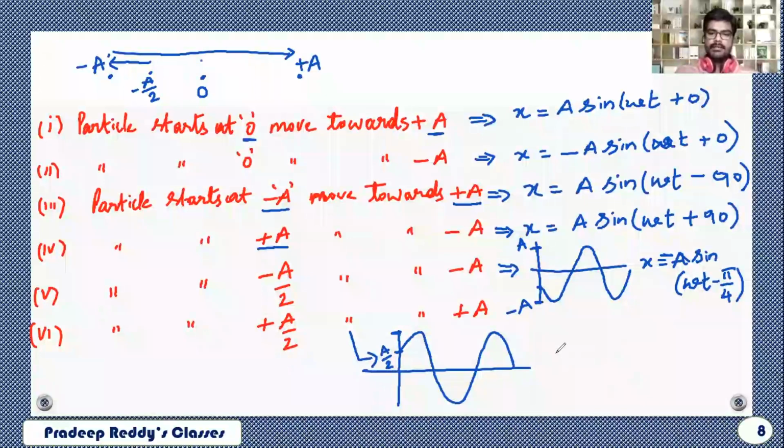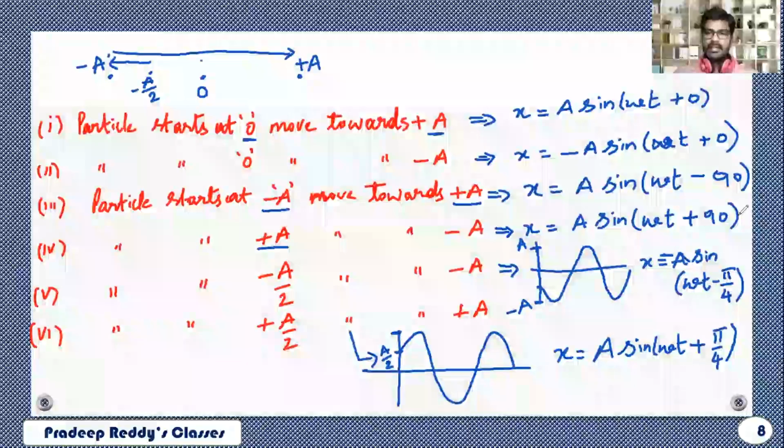Therefore the displacement of the particle can be written as x is equal to A, the amplitude being the same, and as it is going right side towards the positive extreme position, you can write it as sine of omega t. As it is going right side, the phase difference will be plus, and it is exactly half of the mean position and extreme position, that is A by 2. So it will be half of the phase difference angle. 90 divided by 2 will become 45. It is pi by 4.